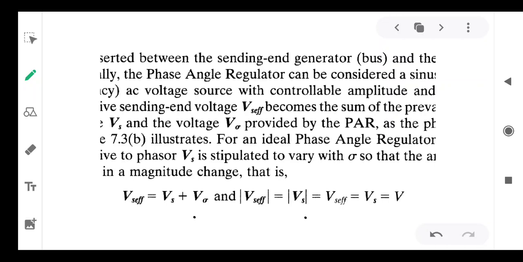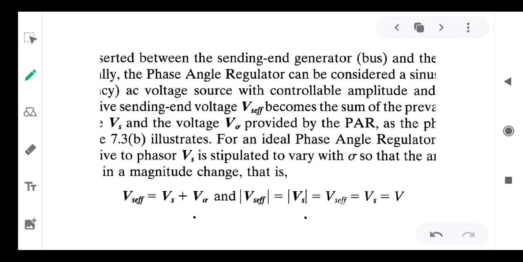In a nutshell, we can say voltage regulator or phase angle regulator both are a variable voltage source in series with the line, an equivalent voltage source in series with the line. That voltage source can be controlled in magnitude as well as angle.